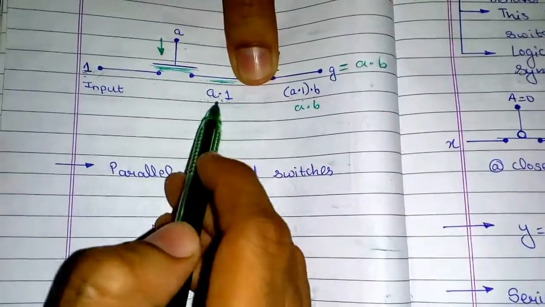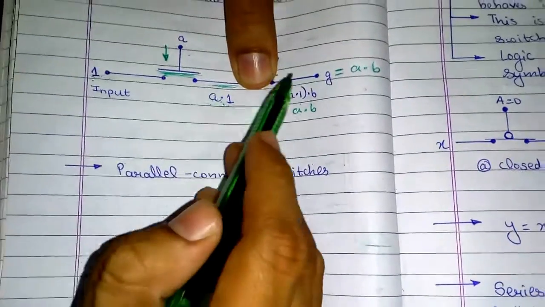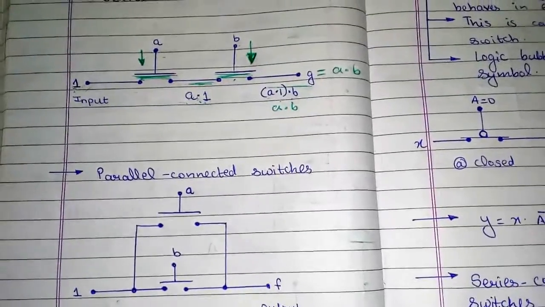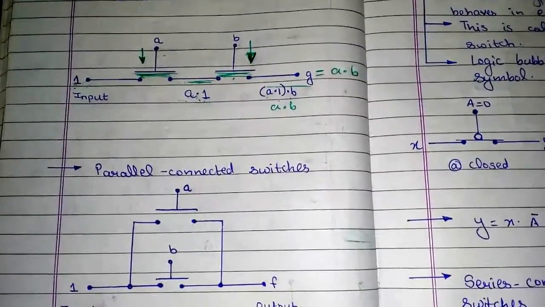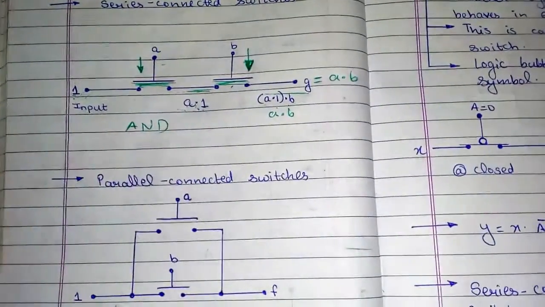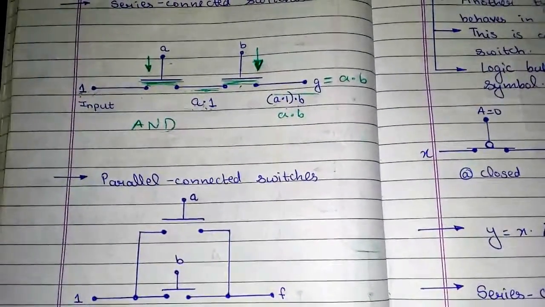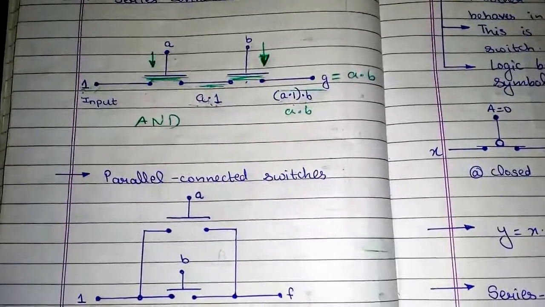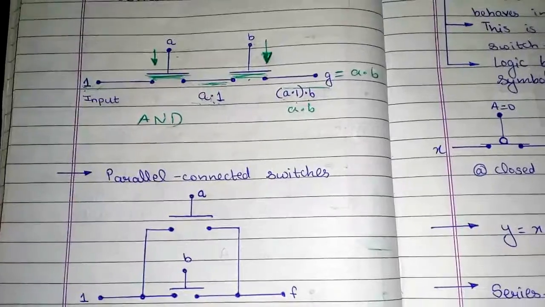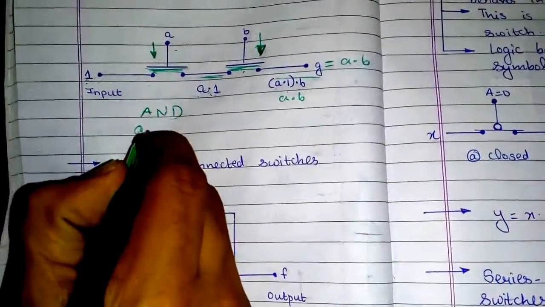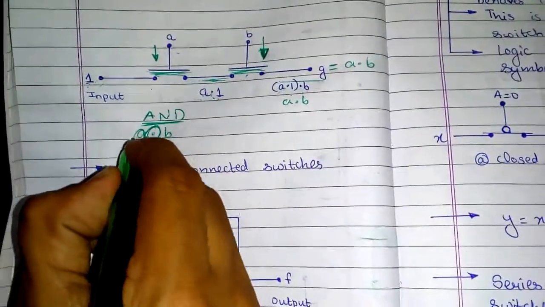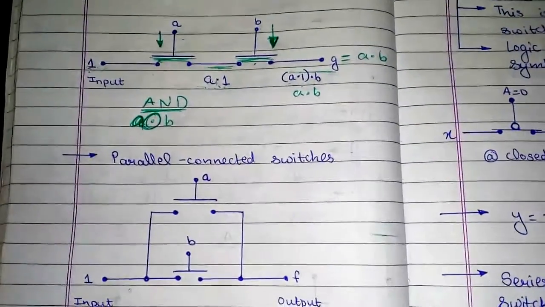A into 1 will be here, but there will be no connection between A into 1 and this output G. So I have to simultaneously press both of these switches down, which means I am ANDing them. ANDing in the sense A and B have to be pressed simultaneously, and only then an output will be received. So notice that AND operation is nothing but a multiplication between the inputs.